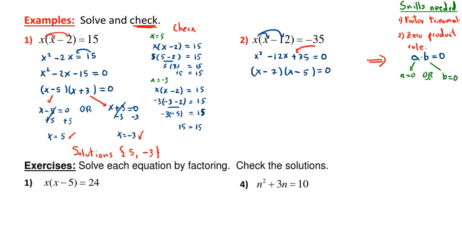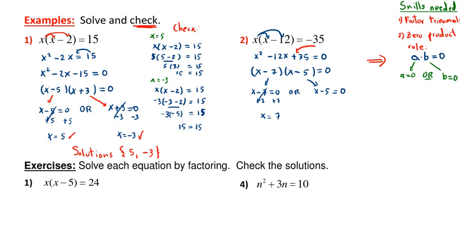And now that I have a multiplication that is equal to 0, now I apply the zero product rule. If this multiplication is equal to 0, then x minus 7 must be equal to 0, or x minus 5 must be equal to 0. I add 7 to both sides on the first equation to solve for x. So x is equal to 7, because 0 plus 7 is 7.